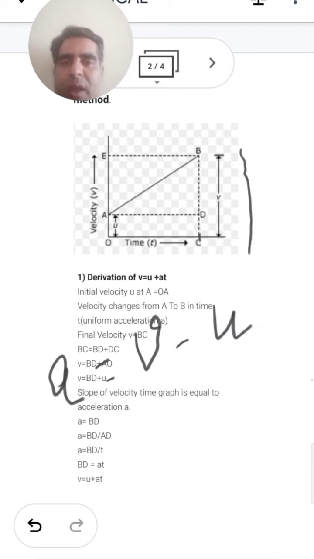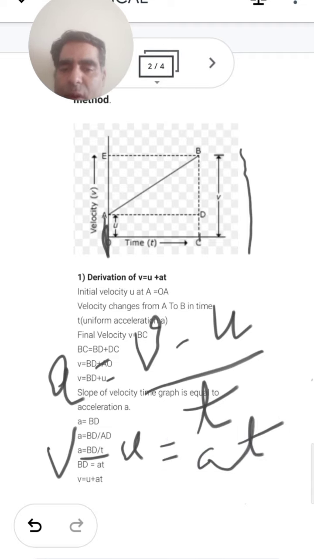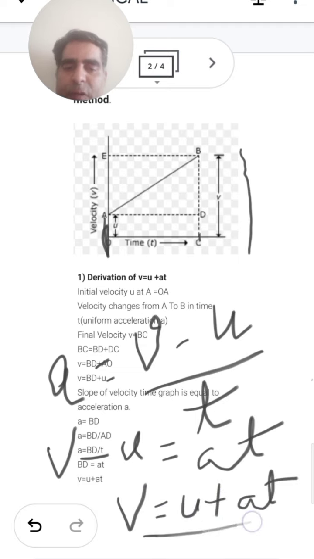It is v minus u, upon time taken t. So from here, v minus u is equal to a into t. So you get the formula v equals u plus at. That's it. This is the first equation of motion.